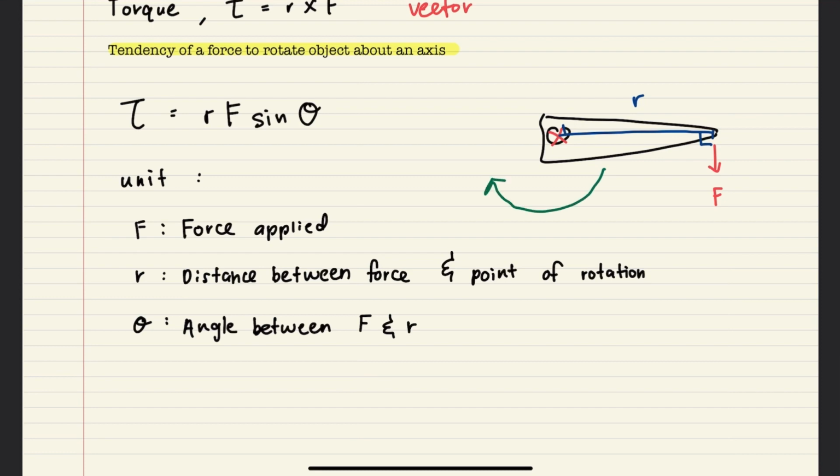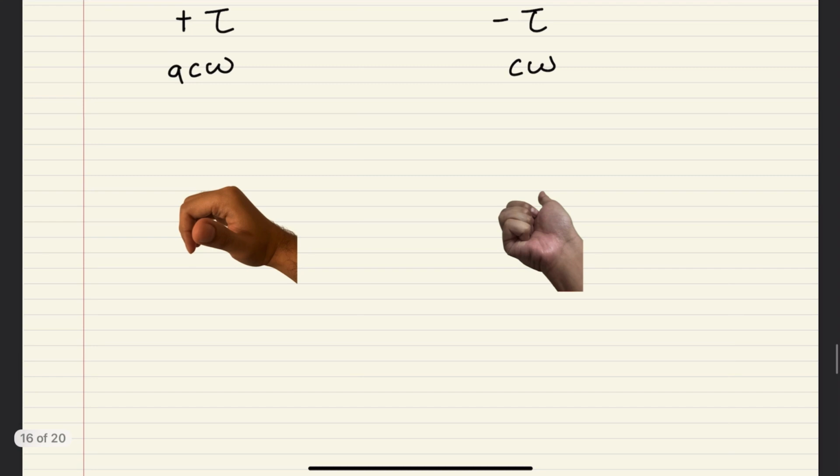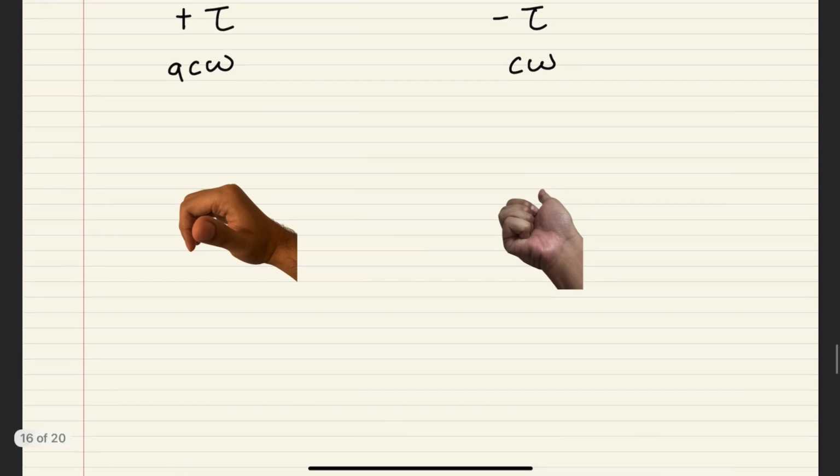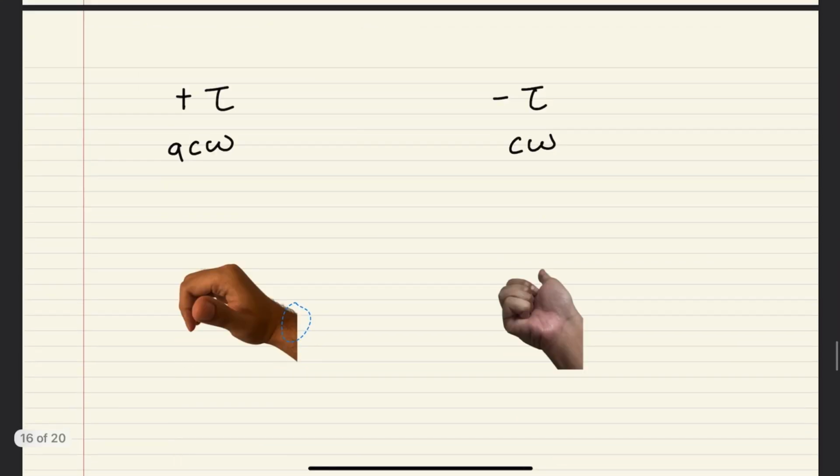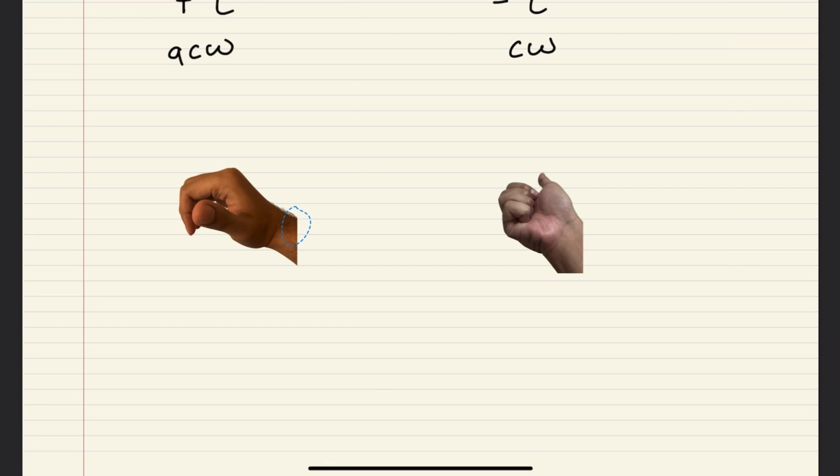If you apply this force, obviously the object tries to rotate in that direction. So what you're going to do is use the right hand rule, and because it is in that direction, I'm going to choose that one.